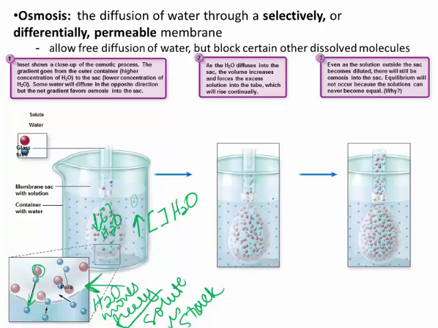So the water is actually going to begin to move into this particular system. We call these fault cells sometimes. This little fault cell system has the differentially permeable membrane.